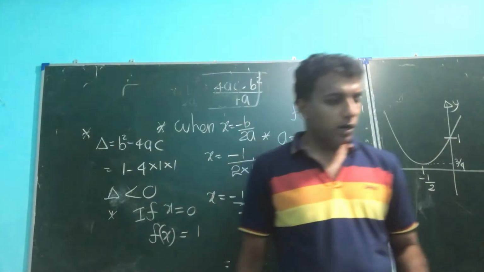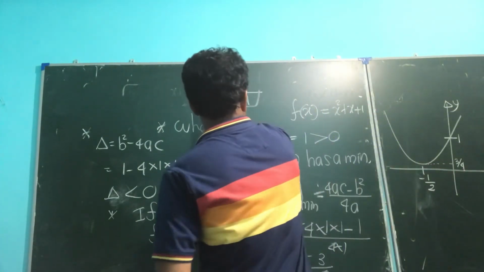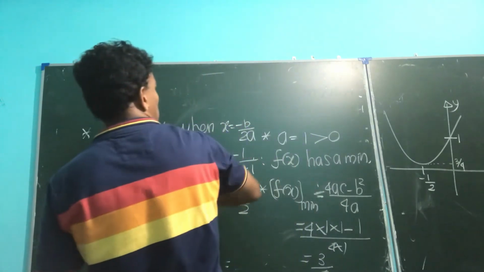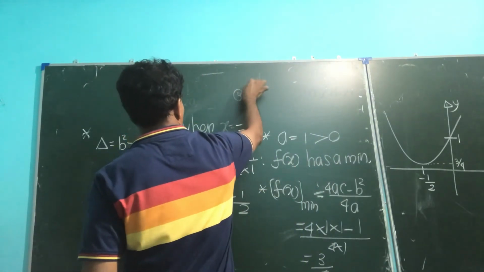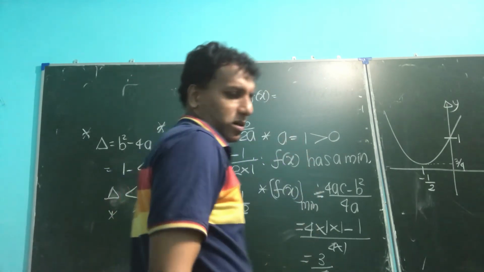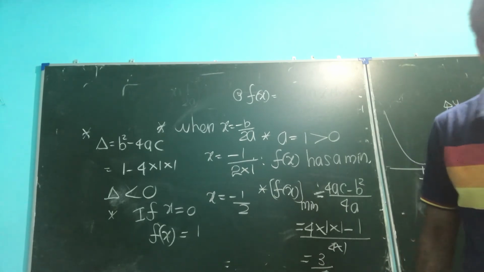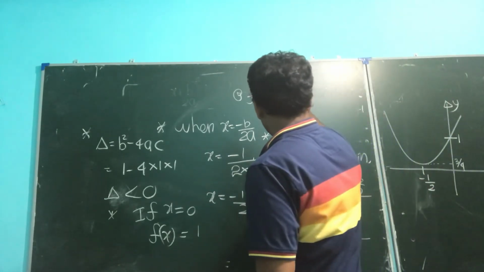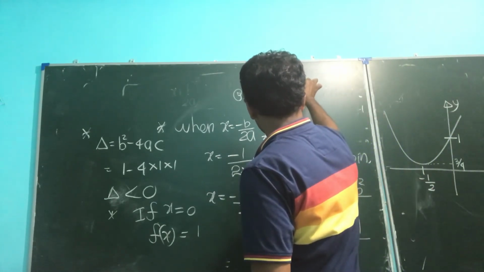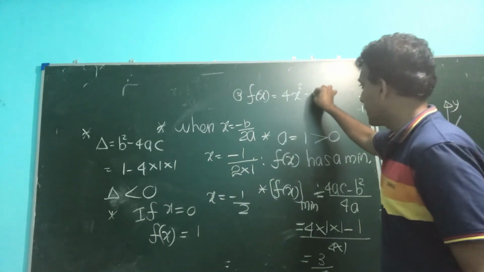Okay. See another question. Second problem, f(x) equals 4x squared minus 12x plus 9.